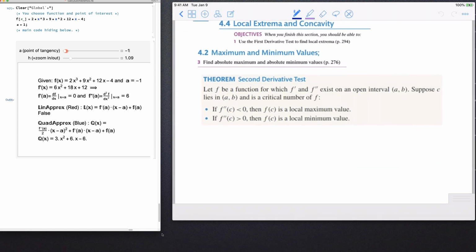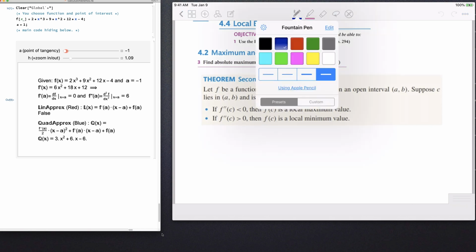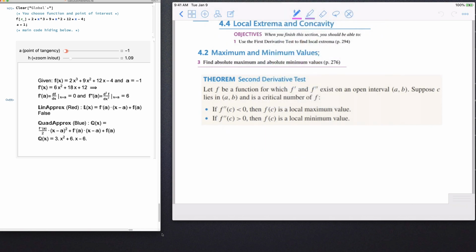The second derivative test basically says that when the second derivative at your critical point is negative, then your function at that critical point has to have a local maximum. And when the second derivative is positive, the function has to have a local minimum at that critical value. And that's simply saying that when the second derivative is negative, your quadratic approximation at that value c is opening downward.